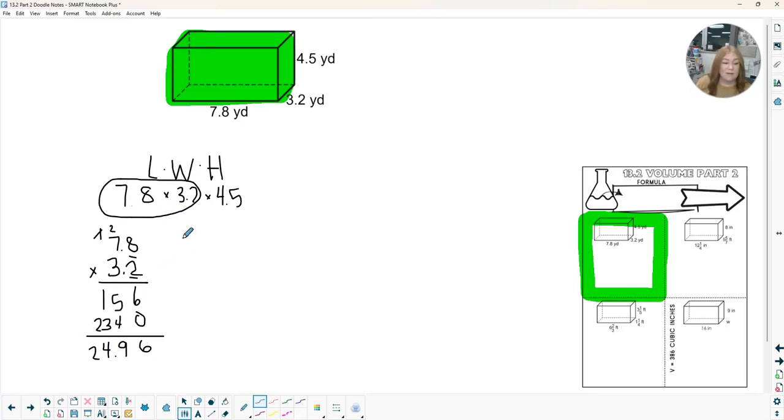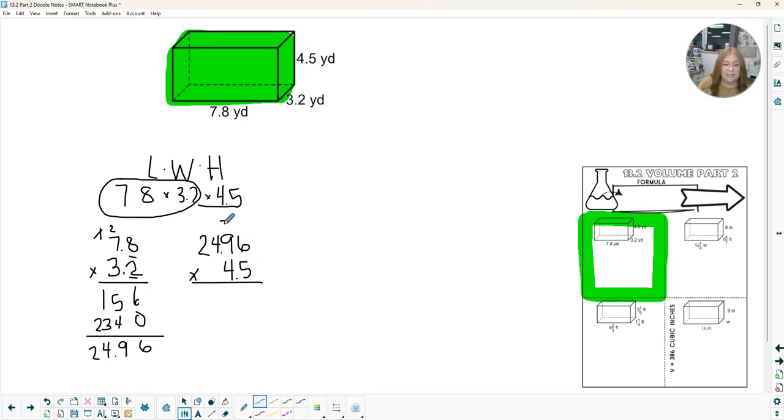So now we have 24.96, and we need to times that by 4.5. 24 and 96 hundredths. We do not need to line up our decimals, right? We're multiplying, we can crisscross our decimals. When I add those zeros to try and line them up, we're actually making it harder, and we tend to make mistakes when we do that. So crisscross our decimals is okay when we multiply.